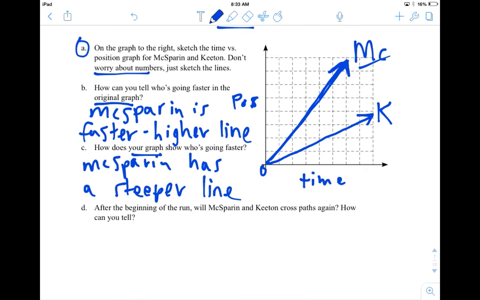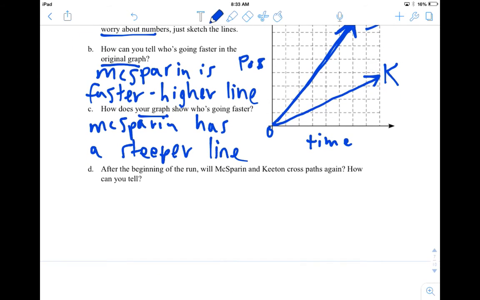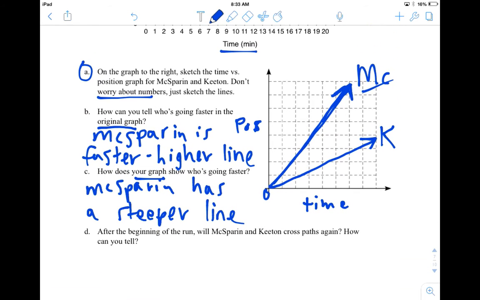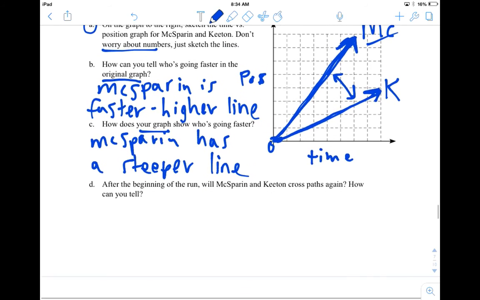After the beginning of the run, will McSparron and Keaton cross paths again? How can you tell? Let's think about this. McSparron is going away from the house and Keaton is going away from the house. At the very beginning, they're in the same spot, but as time goes on, they're getting farther and farther apart. Their lines aren't going to cross. They're going to keep on going and keep on getting more distance between the two of them.